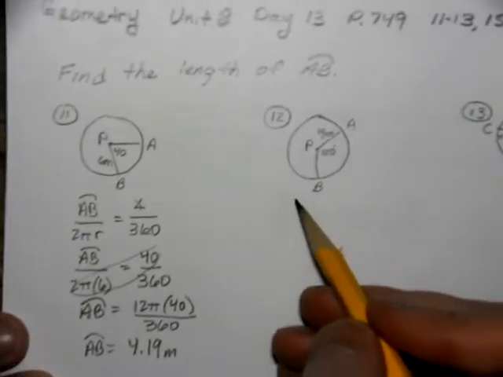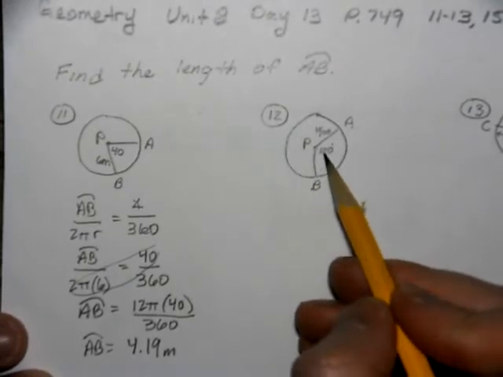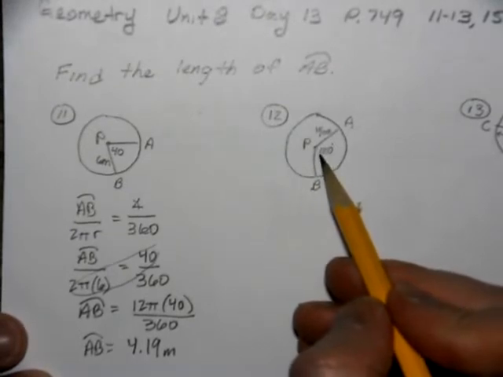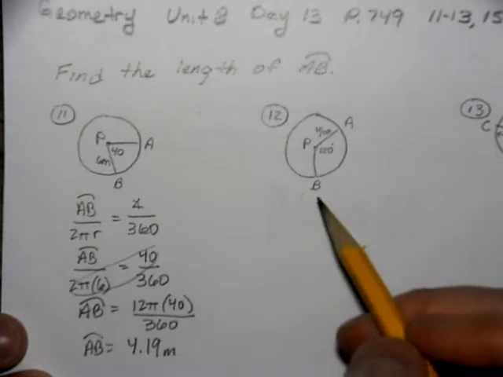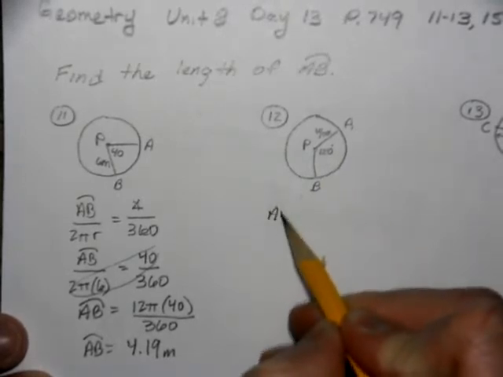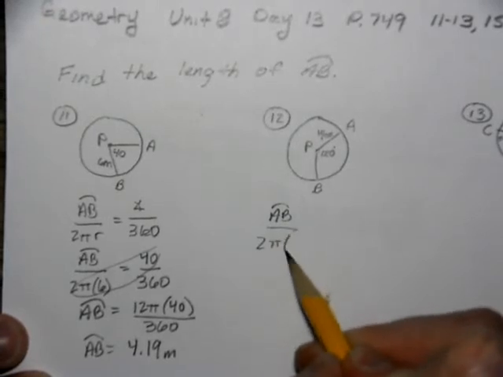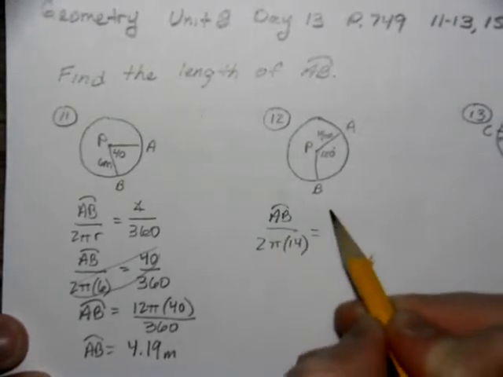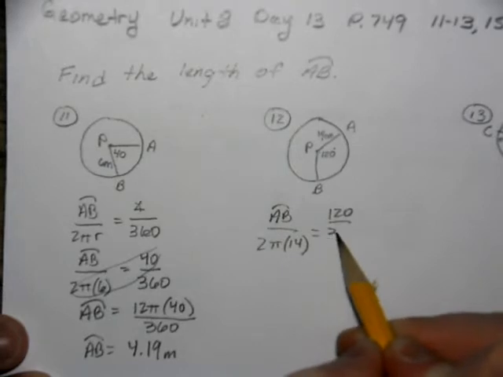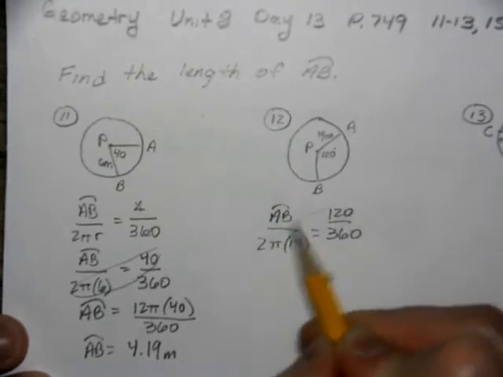For number 12, we see the central angle is 120 and the radius is 14. So this arc AB over 2 pi times 14 is going to equal 120 over 360.